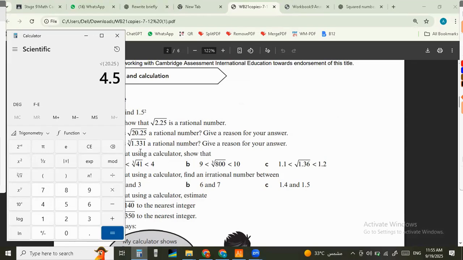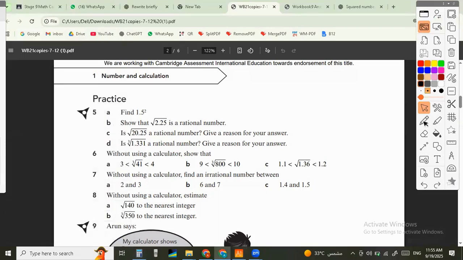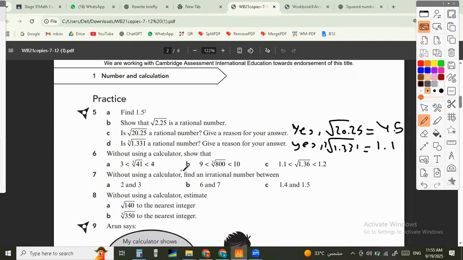And in the last one over here, you're going to find that it is 1.1. So this one here is 1.1. Let me close the calculator. So yes, it is rational. And the square root of 20.25, we found that it is 4.5. And here also, you're going to find that the cubic root of 1.331 is equal to 1.1, so it is rational.